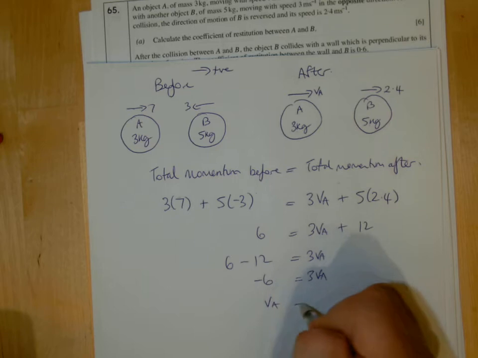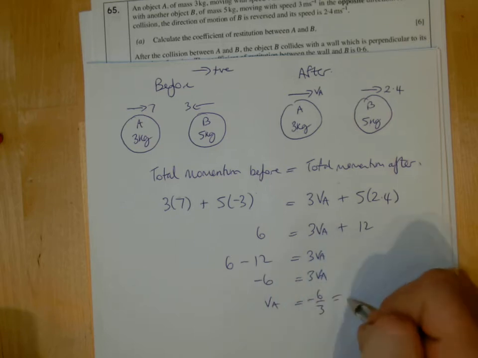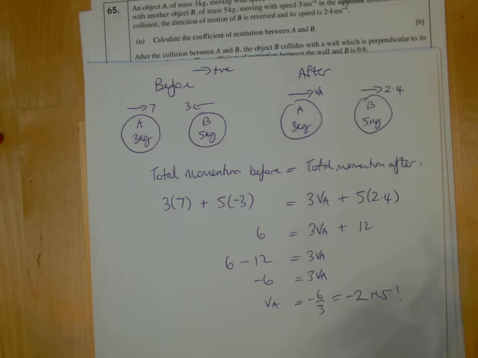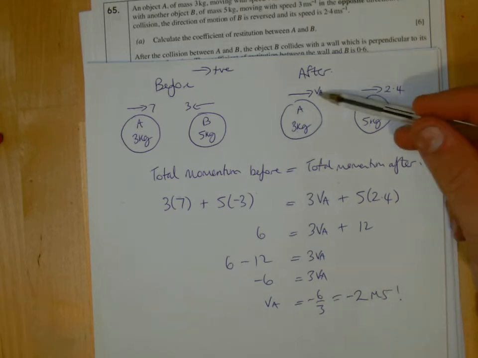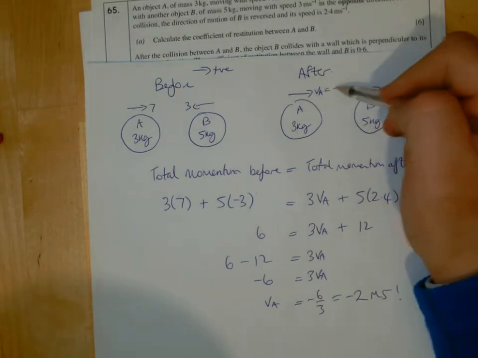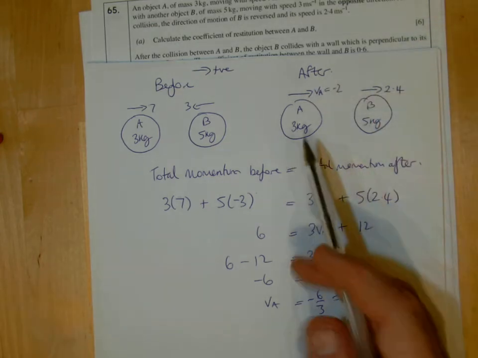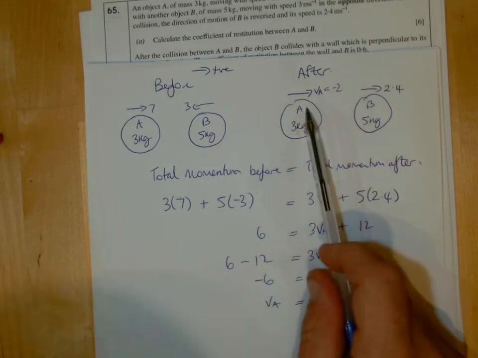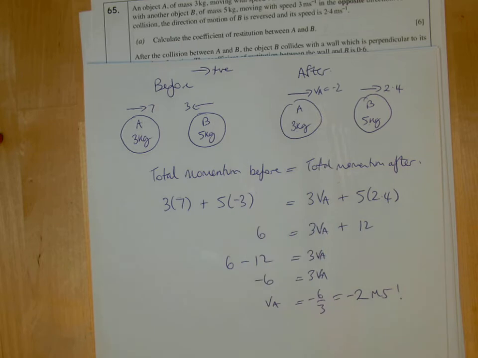So VA will be minus 6 divided by 3, which is equal to minus 2 meters per second. In other words, afterwards A is also in the reverse direction, isn't it? Because that comes out to be minus 2. So the impact of the collision there is that A now is going the opposite way as well.